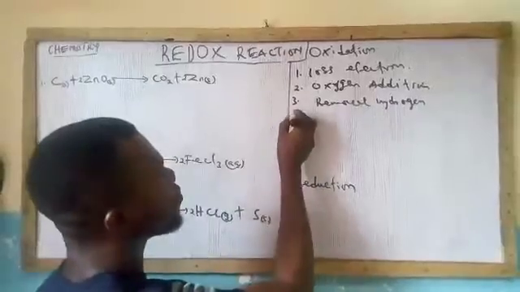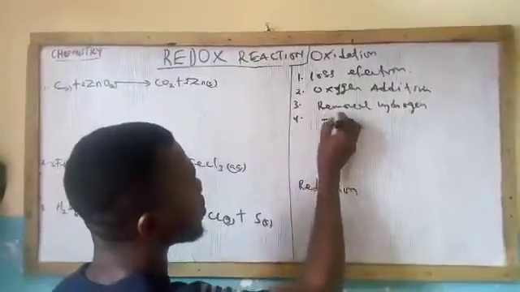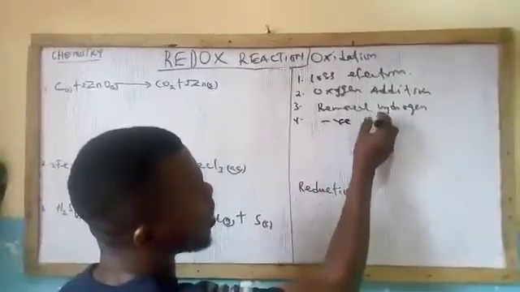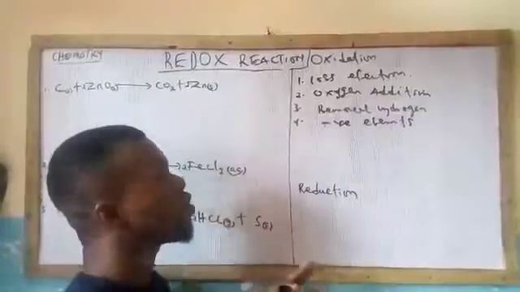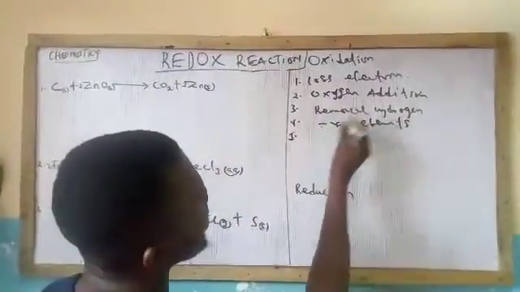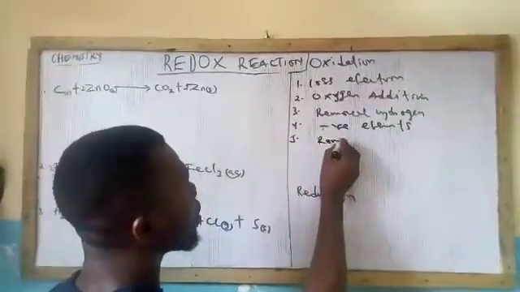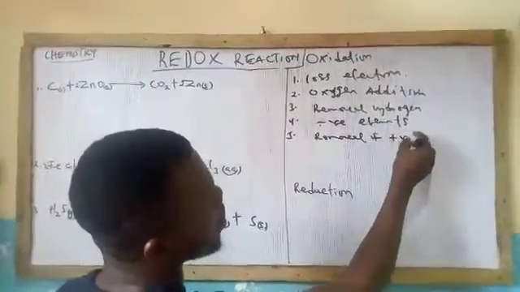It also involves addition of electronegativity elements. When you add electronegative elements, it's also defined as oxidation. It also involves removal of electropositive elements.